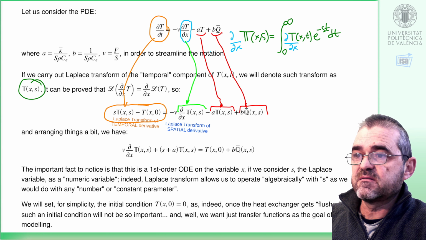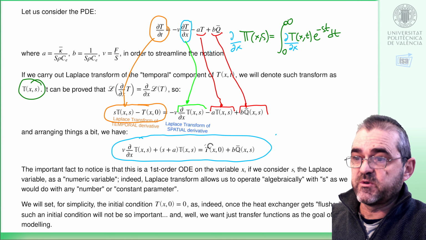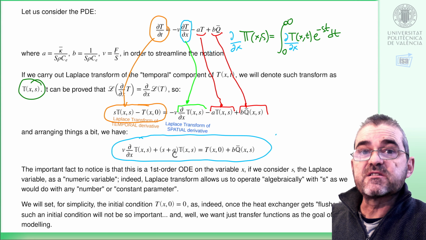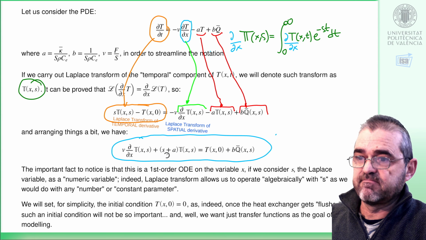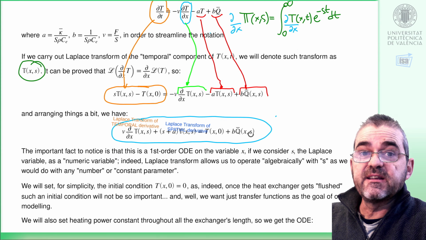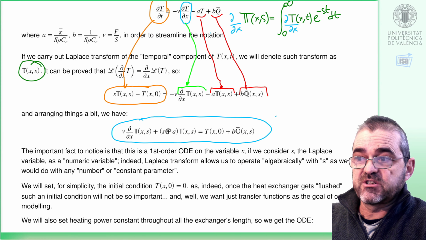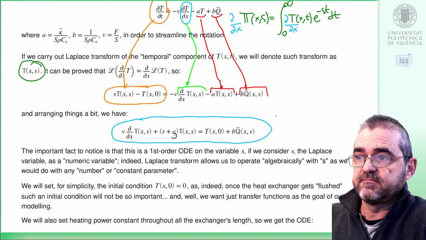So moving things a bit, we get this expression as the Laplace transform of the partial differential equation, understanding Laplace transform in the time dimension. We can go on. The trick of Laplace transform is that now we need to operate with letter s algebraically, just as if it were a number.